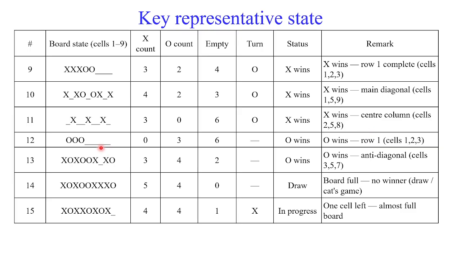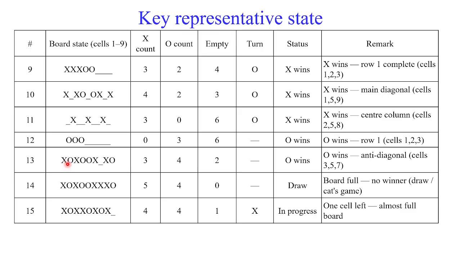If you see, O wins at this point by placing it at 1, 2 and 3. Again, you can see at state 13, O wins via anti-diagonal. Cells 3, 5 and 7.